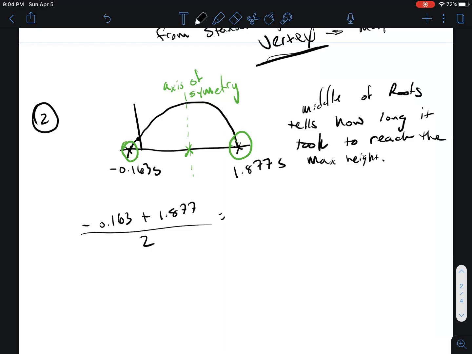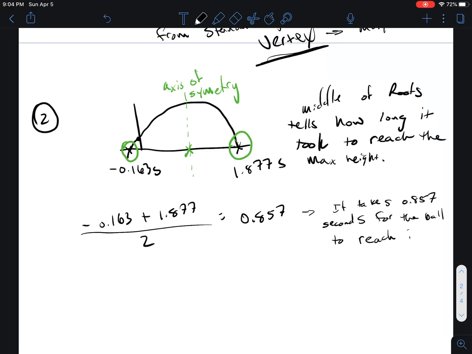So it turns out the middle of the roots turns out to be 0.857, right? So therefore it takes 0.857 seconds for the ball to reach its maximum height.